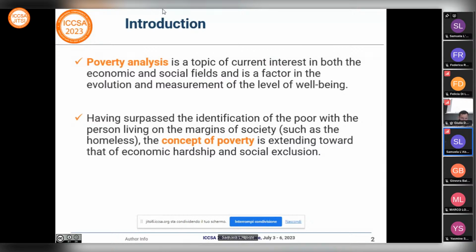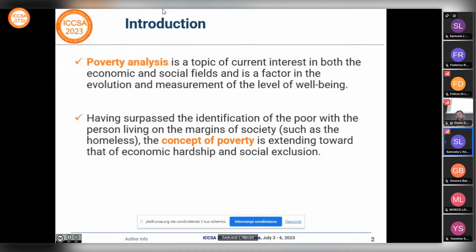In the last couple of years, the interdisciplinary debate on poverty has been growing again due to adverse conditions in the health fields and in socio-political fields. Multiple studies have been done with a diversity of approaches.